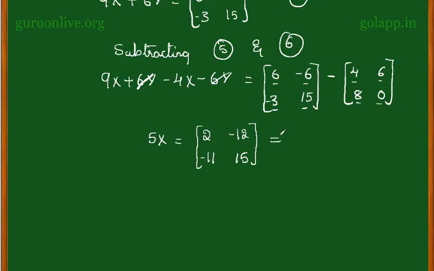I need the x value. So I get 1 by 5 into the matrix 2, minus 12, minus 11, 15.